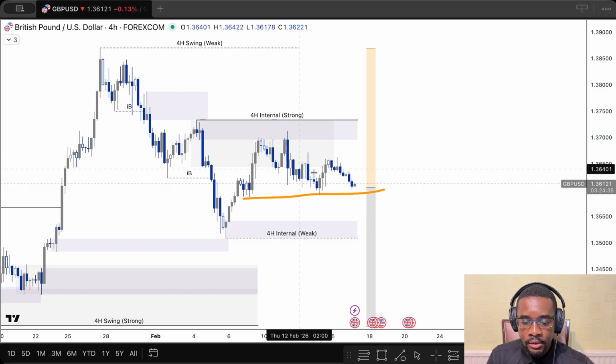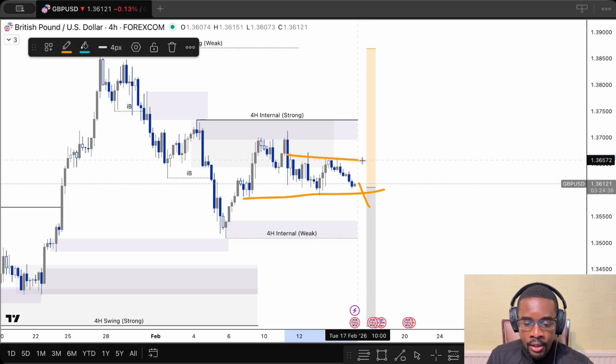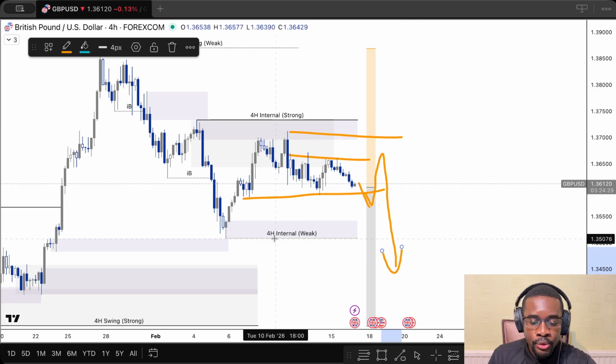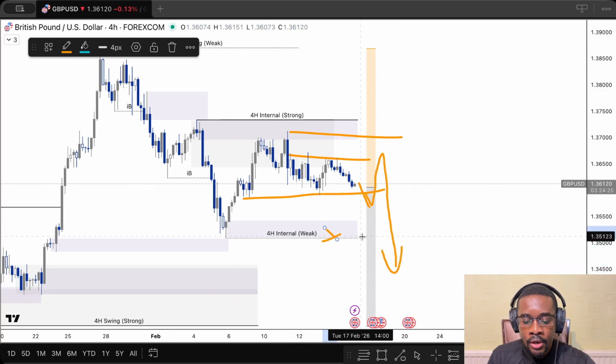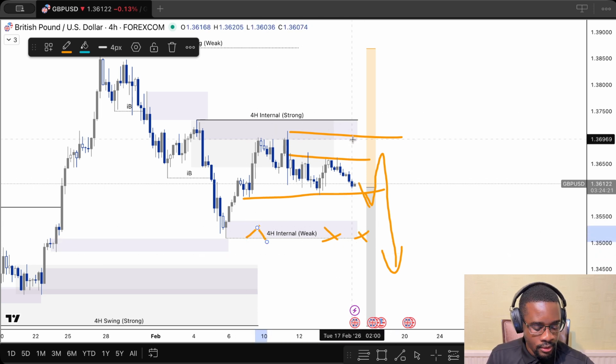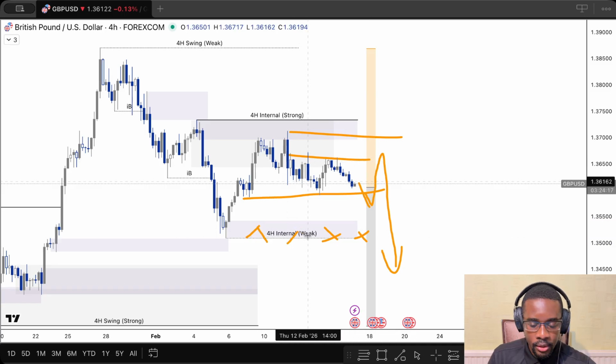And then so we might have a push like that. So let me correct this. So we might have a push, then come back, and then continue lower, because we'll be targeting this week's low. Okay, so we'll be targeting this 4-hour low, because this is weak, right?